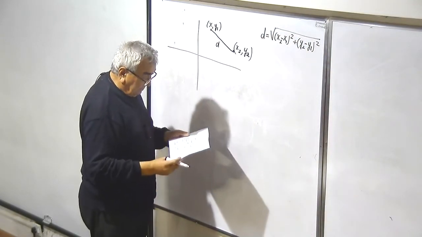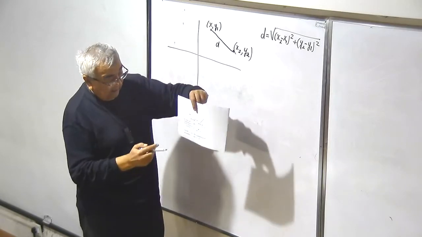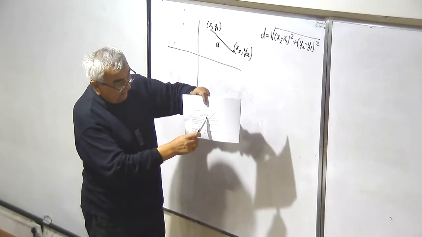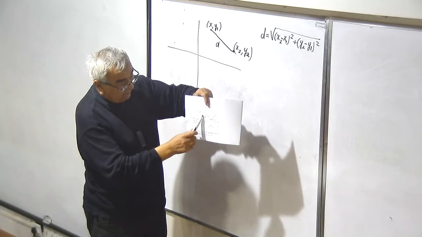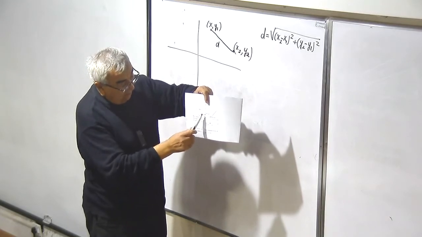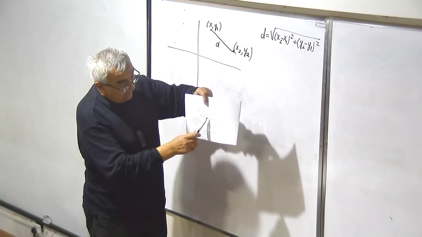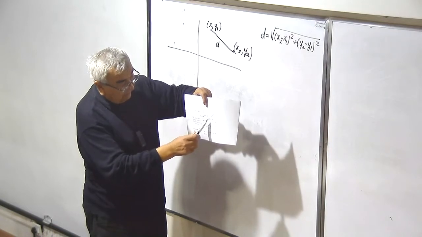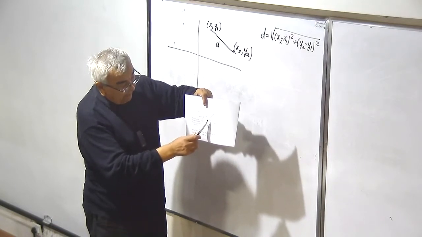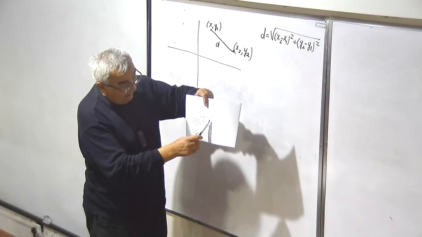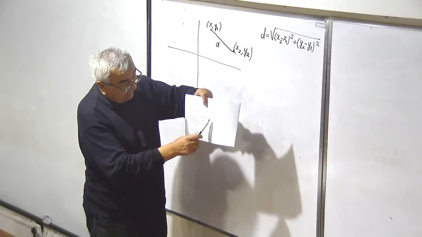Therefore, in this case, this distance and this distance are equal to each other. The point on the curve, denoted by P, has the coordinates x and y.